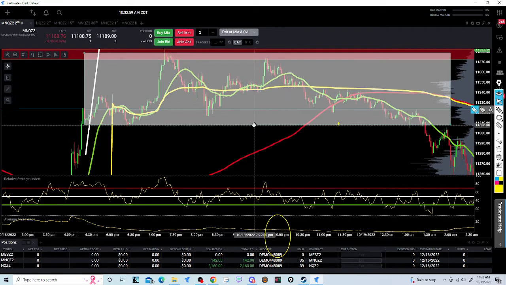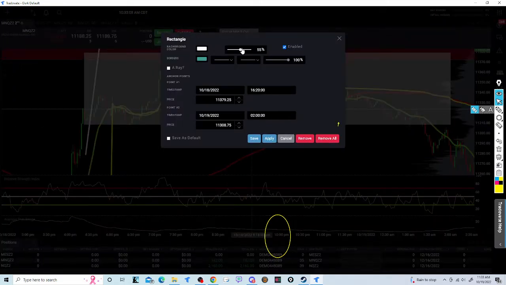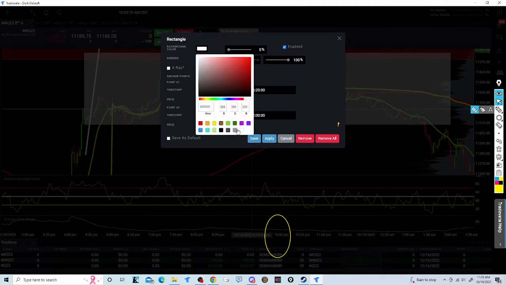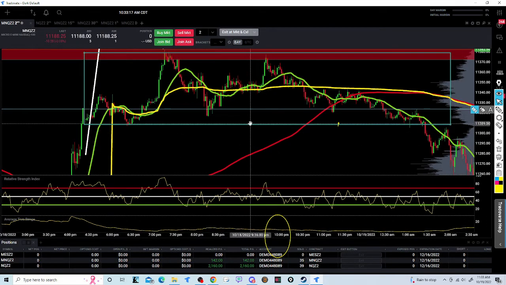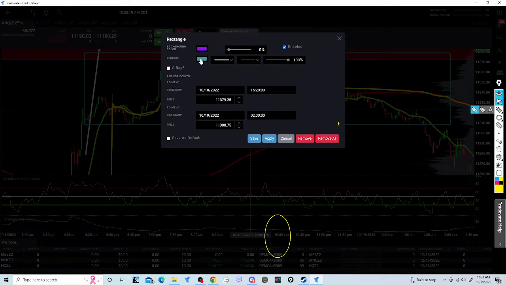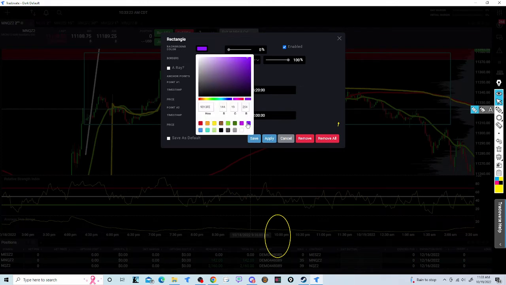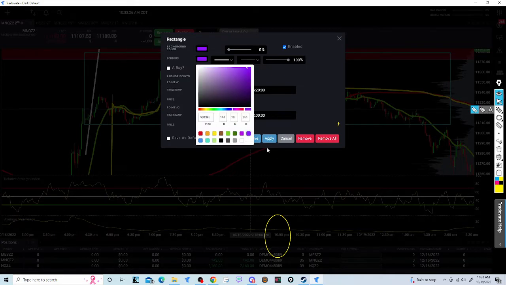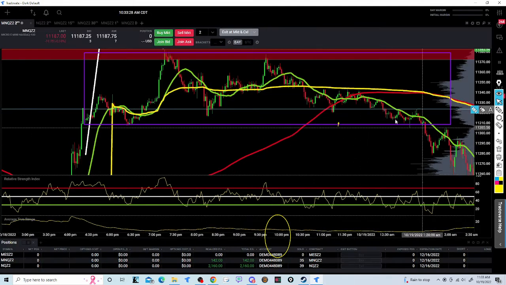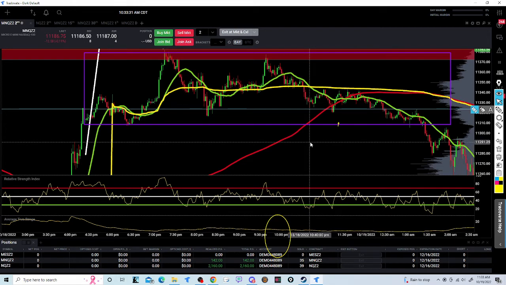Hover your mouse over that line until the cursor becomes a hand. Double click, opacity to 0. Choose your color, choose your width, save. That's not the color I was going for. Okay, yeah. Alright, now we have our range.